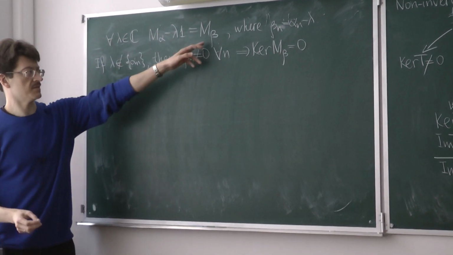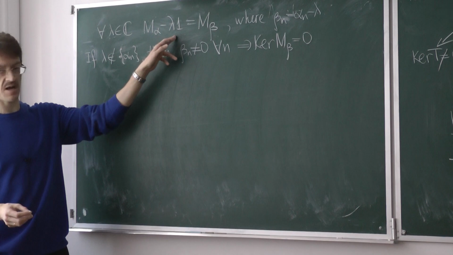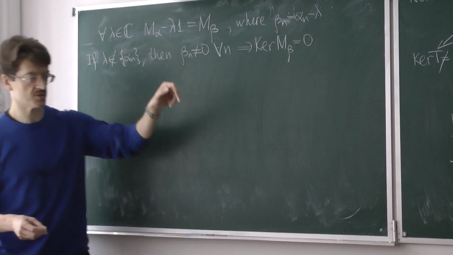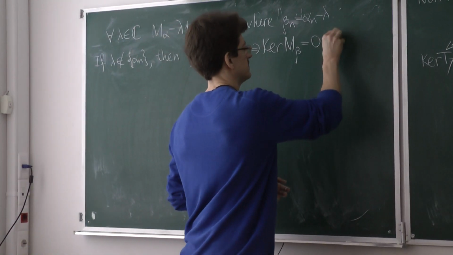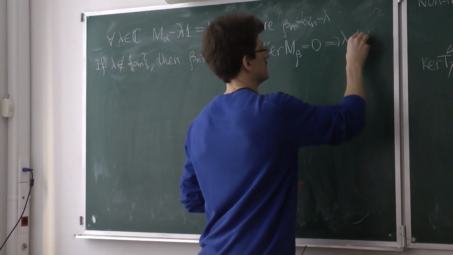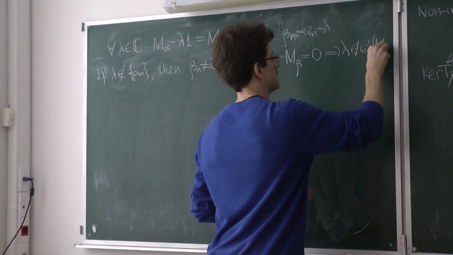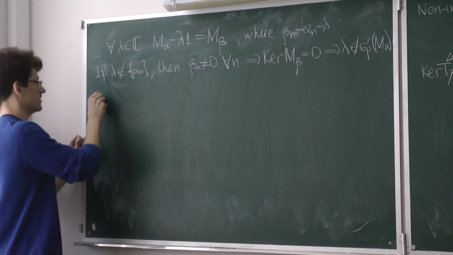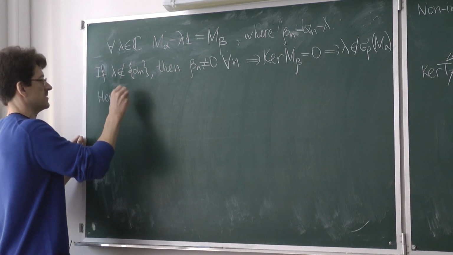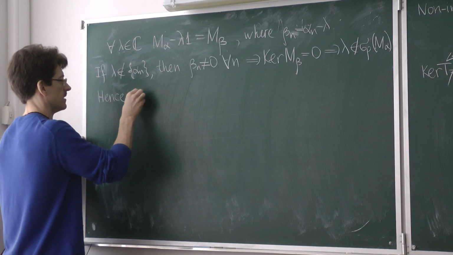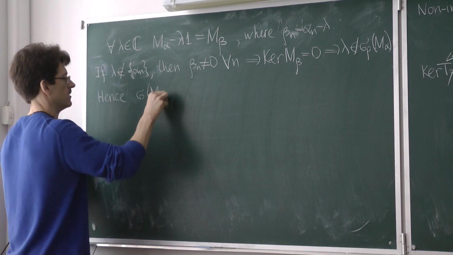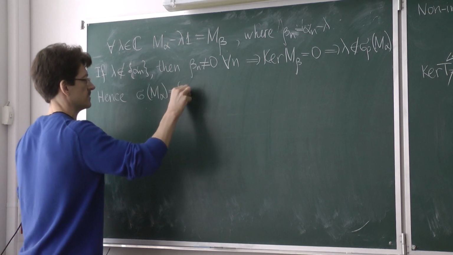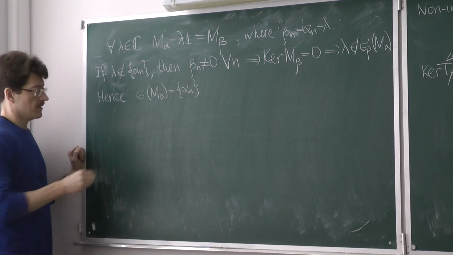And since this is just M alpha minus lambda, we conclude that lambda is not in the point spectrum. And hence one concludes that the point spectrum is precisely the set of all elements in our sequence. This is the point spectrum.